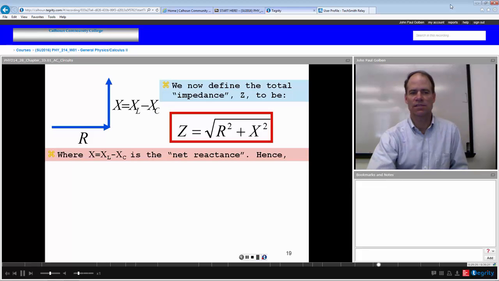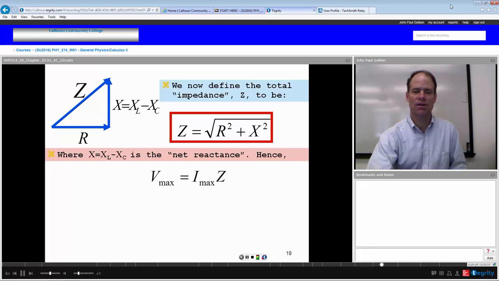We have resistance, we have a net reactance, which is x sub L minus x sub C, and if we square one plus square the other, take the square root, we get the impedance Z. And with this impedance definition, we have that our maximum voltage is equal to the maximum current times the impedance Z.